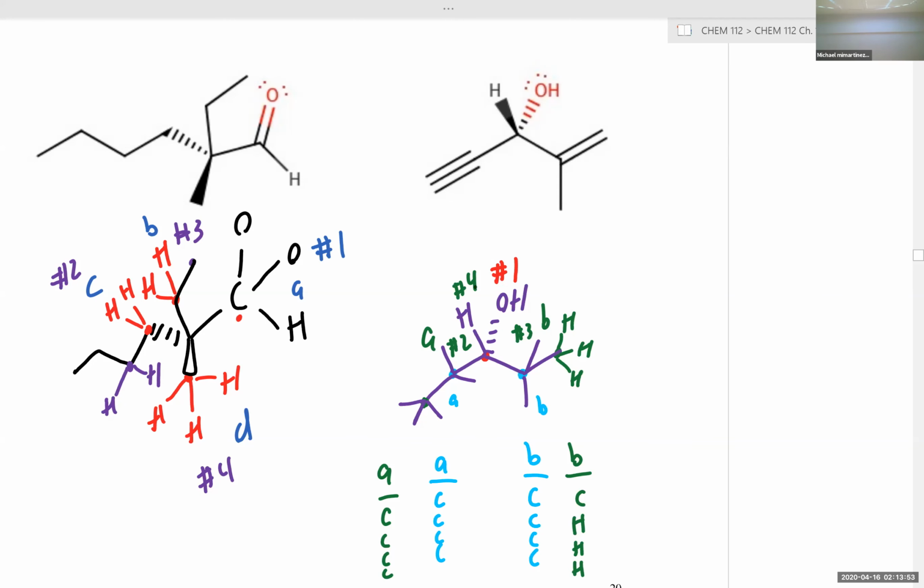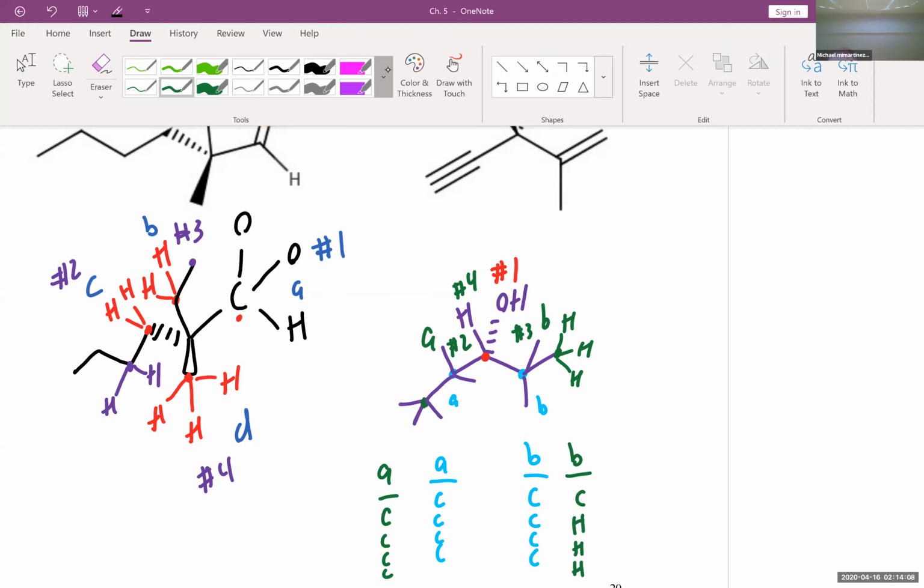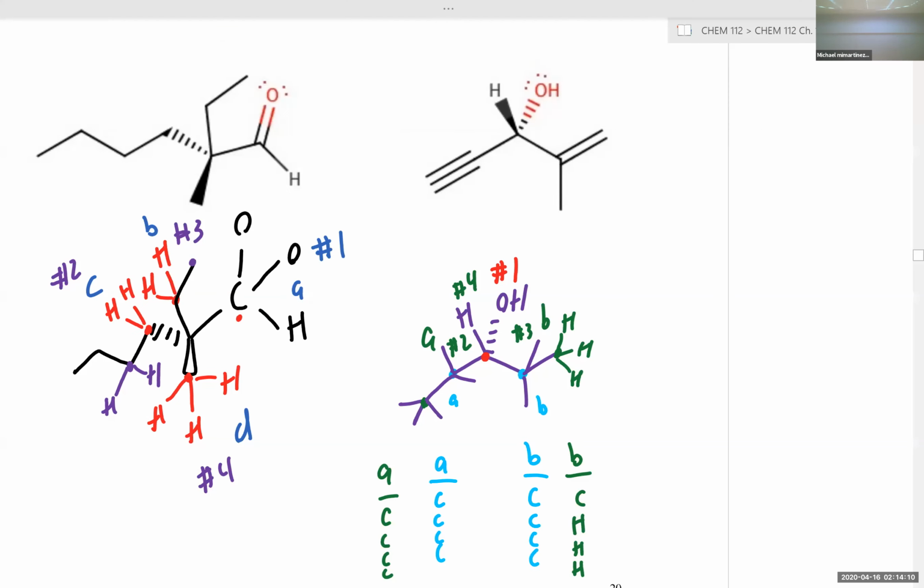If you're having trouble assigning priority numbers, you're going to have some trouble with the later part, so we really want to make sure we're solid on assigning priority numbers. Any questions so far? If not, let's keep going.